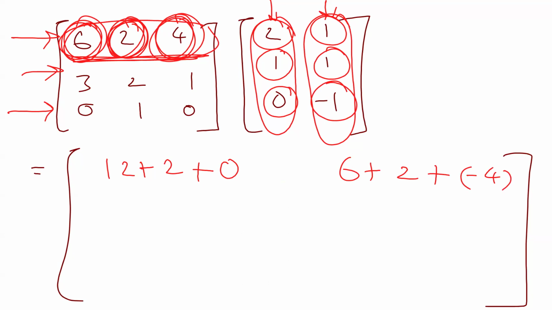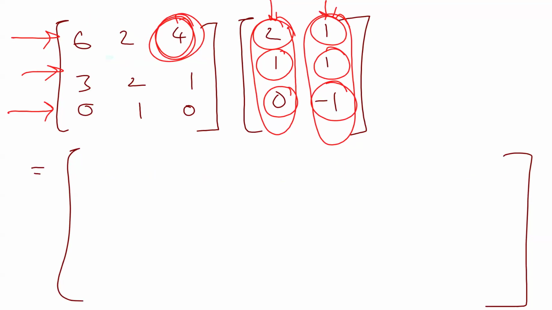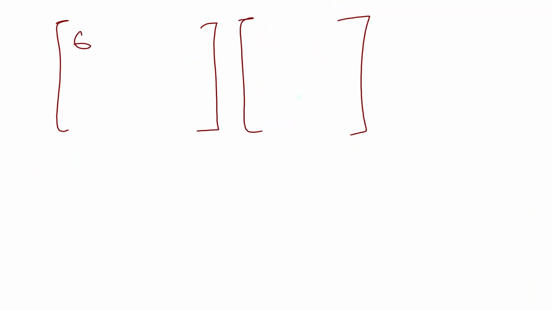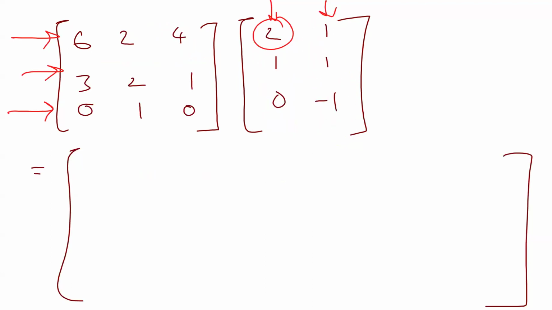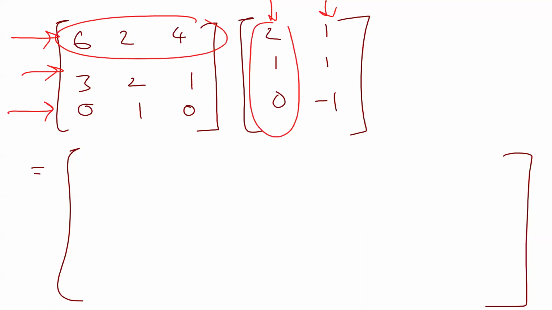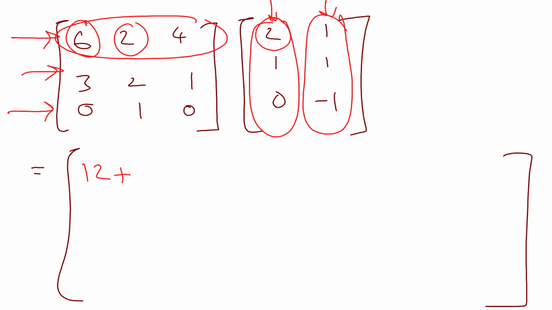I'm going to repeat this entirely once again. First row, first column, then first row, second column. Then go to the next row. Second row, first column, second row, second column, likewise. 6 into 2, 12 plus 2 into 1, 2 plus 4 into 0, 0.